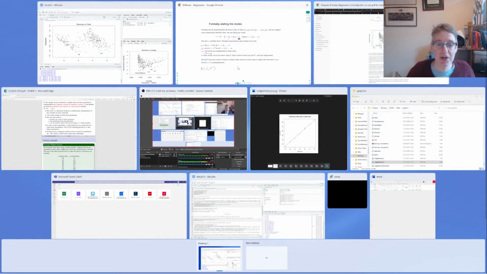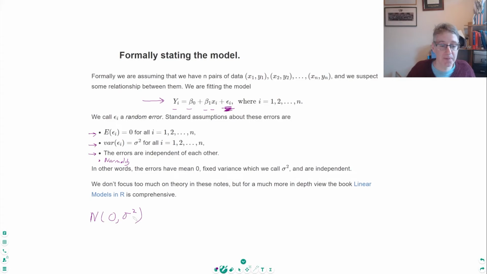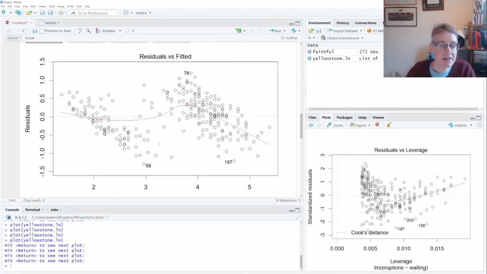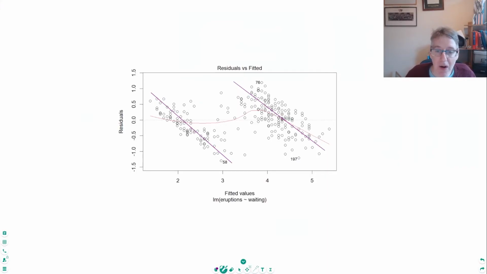And we made this assumption that the errors are independent. This assumption should mean that how far each point is above the line is not related to how far each of its neighbours is above the line. So these two points have pretty much the same fitted value, but the residuals should be independent of each other, and this is clearly not true.